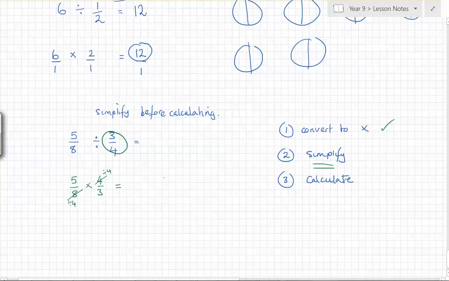So we divide by 4, and the 8 becomes a 2 and the 4 becomes a 1, so times 1 over 3. The 5 and the 3 don't change. And then what do you do with those two together? Now we just need to multiply, so 5 over 6. Spot on. Okay, we'll do a bit more next time.